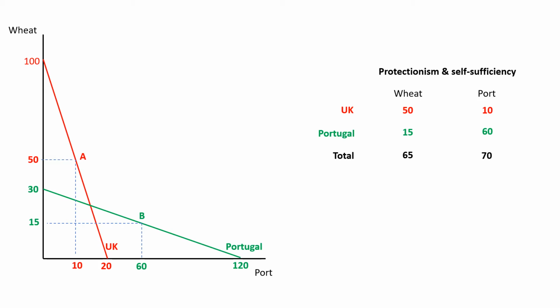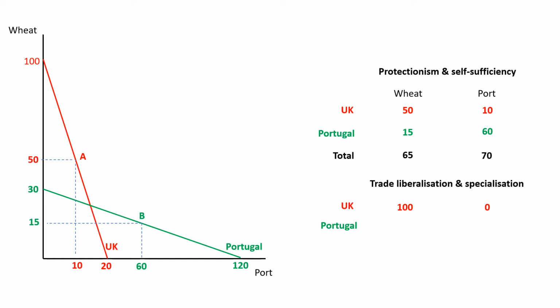So it therefore makes sense for Britain to give up producing port and put all of their factors of production into producing wheat. So if the UK was to do that, they would produce 100 units of wheat, but no units of port, and that's because they've no longer got factors of production in producing port wine. Everything now is being thrown into wheat production.